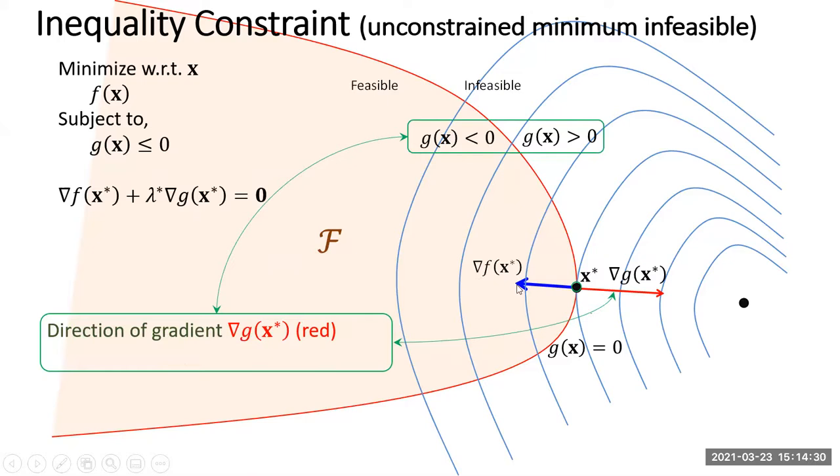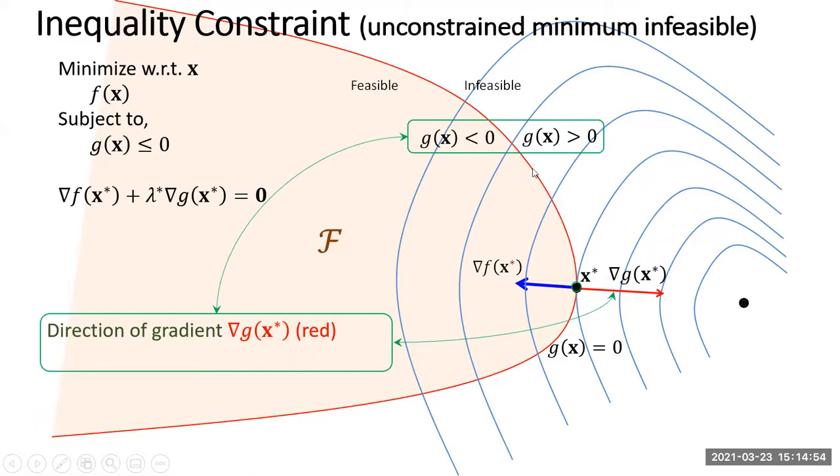Del g and del f must be in opposite directions, because g of x less than or equal to 0 means that only this side is feasible and this side is infeasible. In the feasible region g of x is less than 0, and in the infeasible region g of x is greater than 0.